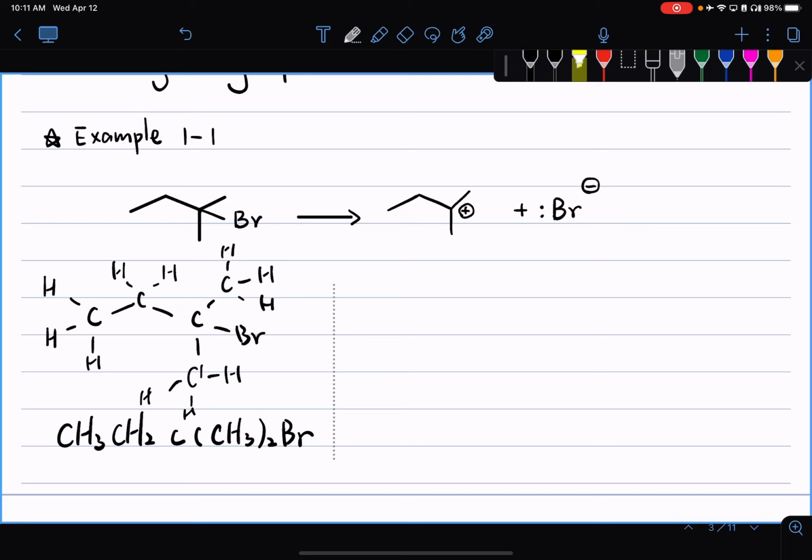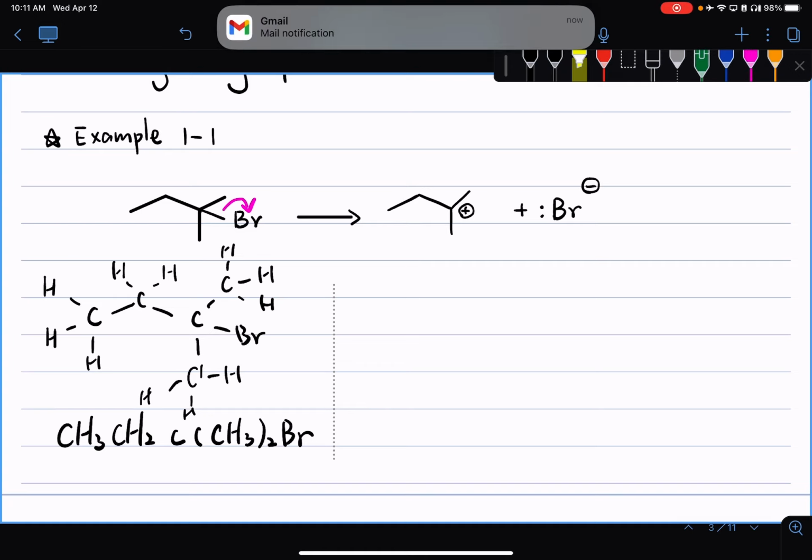Now our question is, how do we draw our arrow pushing to indicate the electron flow in this transformation? You look at this reaction first, and you identify that here we're breaking the carbon-bromine bond. So the electron is flowing from this covalent bond into bromine to form that bromine anion.